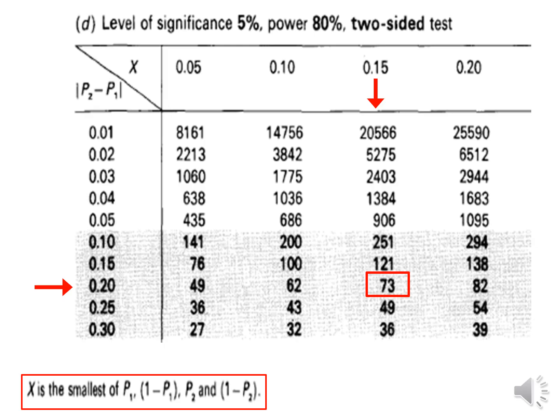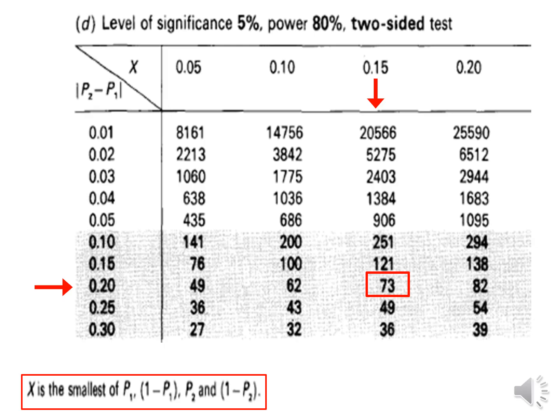Using the tables of Lemeshow, specified as having a level of significance of 5%, power of 80%, and a two-sided test, the columns bear the x values, which is the lowest value or the smallest of your P1, Q1, P2, and Q2. The smallest of this is 0.14, and so the value nearest to 0.14 is 0.15.